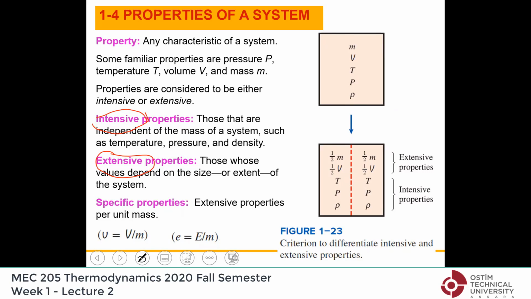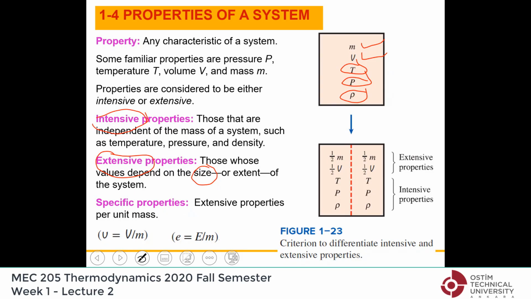Examples: temperature, T, and then pressure and density. Even if you double the system, they will not change. They are intensive properties. And extensive properties are the properties that depend on the size of the system. For example, mass is an extensive property, and volume is an extensive property.